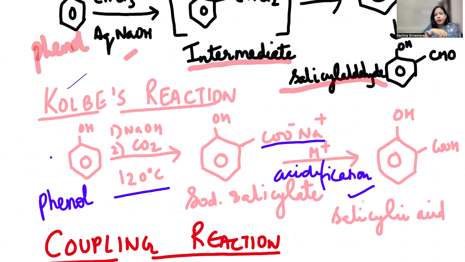And the statement might be that phenol is being treated with sodium hydroxide or caustic soda solution, undergoing carboxylation, and finally on acidification forms the product. The main speciality of every name reaction is that the conditions are different.